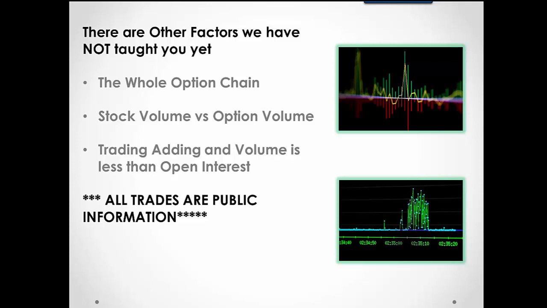Also, adding volume versus open interest. All these trades are public orders. So I've given you kind of the basic or the beginner version, which is the Oak Ribbit trading plan. In the master course, we dig a little bit deeper, which is looking at stock volume versus option volume, the whole option chain, and adding in the open interest of out of the money and in the money options.